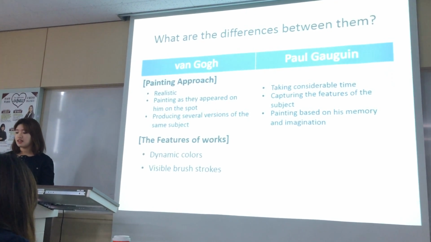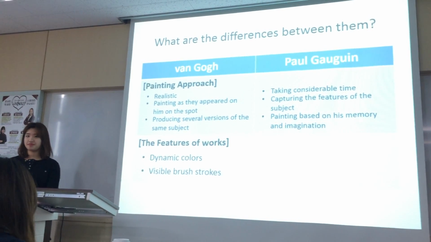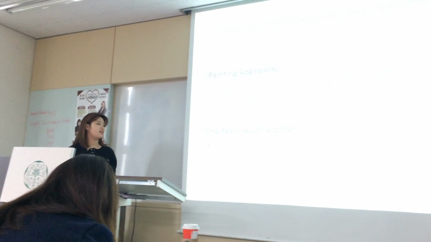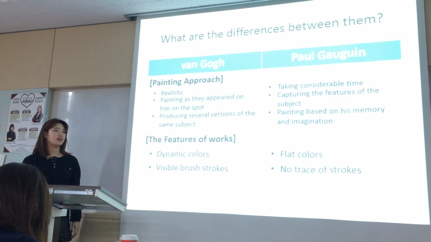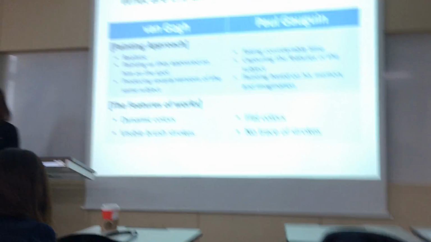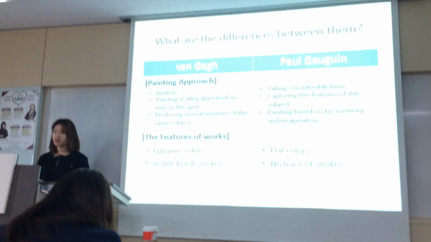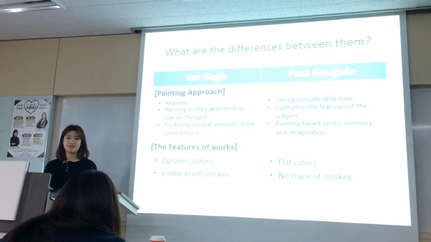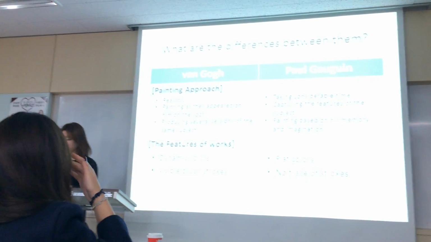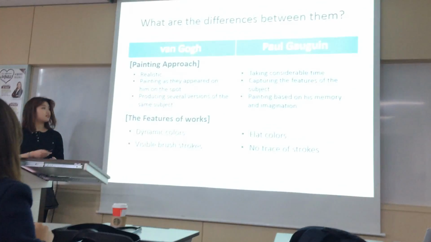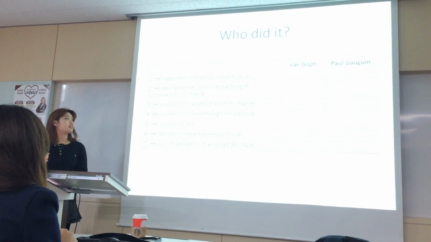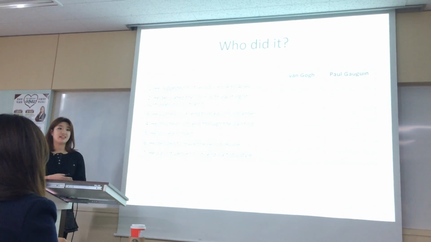In contrast, in Paul Gauguin's works, he used, yes, flat colors and there are no traces of strokes. I think we are on the right track to understand this passage very well, and let's look at the storyline in detail.